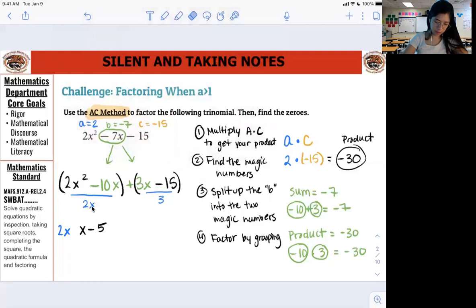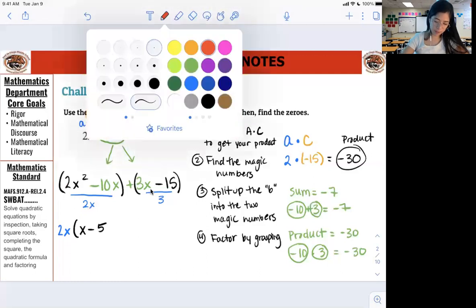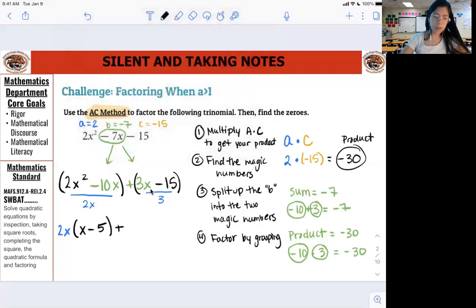Okay, sorry, just wanted to get rid of that little one. Okay, now over here, oh, let me close my parentheses. Now over here, 3x divided by 3, what am I left with? Good, Guillermo, just 1x. Negative 15 divided by 3, I'm left with negative 5.